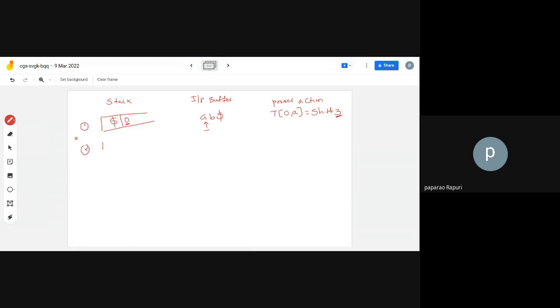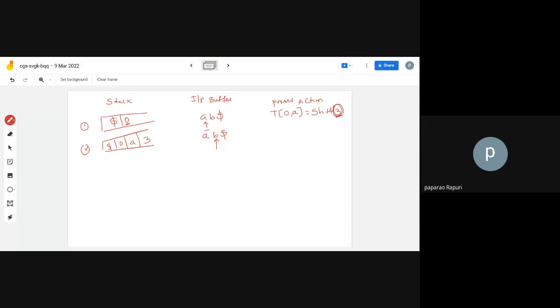Coming to the second step, after that we need to push the state. What is the state here? 3, because he mentioned S3. So we need to push 3. And then we need to increment the look ahead pointer. Initially, the look ahead pointer is at A. After incrementing one symbol, it is moving to B.